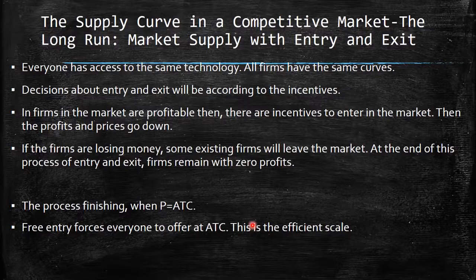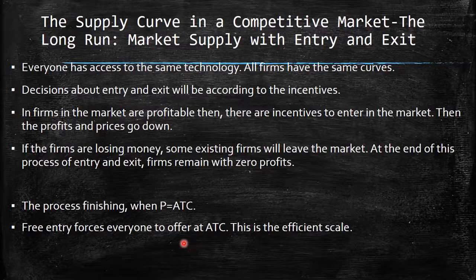When the profits are positive, the firms go into the market. When the profits are negative, naturally the firms will go out from the market. So at this time, we will lie every time in zero profits. Then the process finishes when price is exactly equal to average total cost.